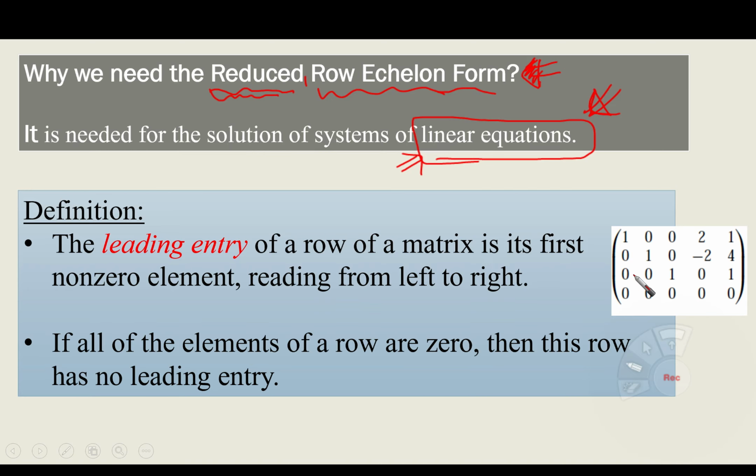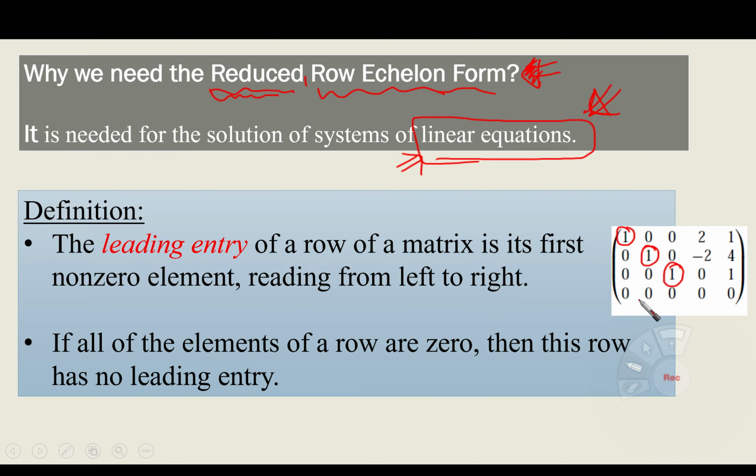For example, whenever you look at the rows from the left, you're going to find one element, and before it there are zeros. For row 1, there is one element, which is 1 here. Row 2, there is another non-zero element, we call it 1, and before it there is 0. And for row 3, there is also another non-zero element, and fortunately it is 1 also, as you can see. Before it there is 0.